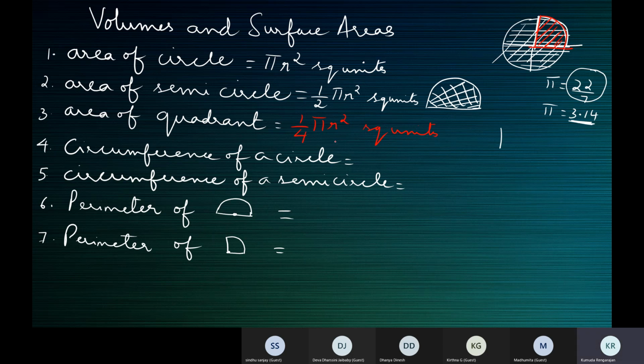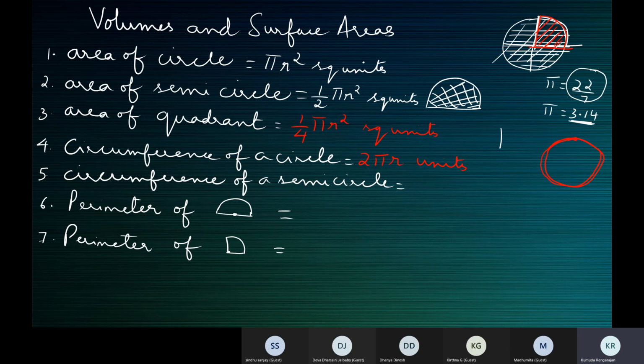Next, circumference of a circle. That is the length of the boundary of the circle. See here, this one. The length of the boundary of the circle is called its circumference, which is given by the formula 2 pi r units. Circumference of the circle is a length, so it's not square units.